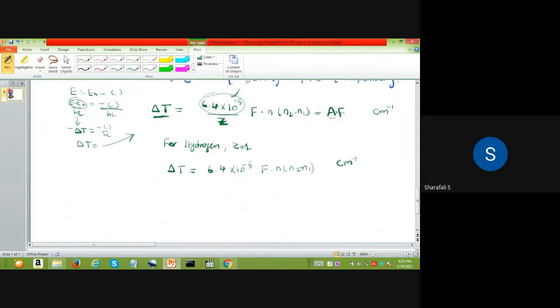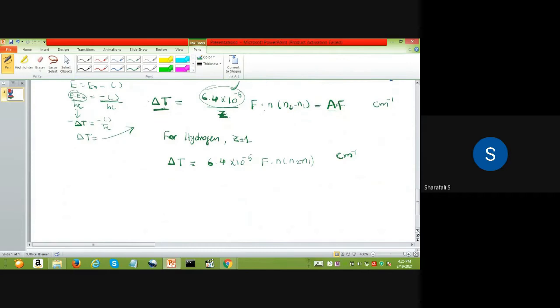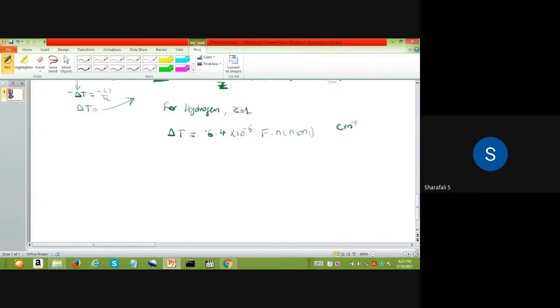Now, as we discussed for the Paschen-Back effect, we have some small correction with the possibility of LS coupling.